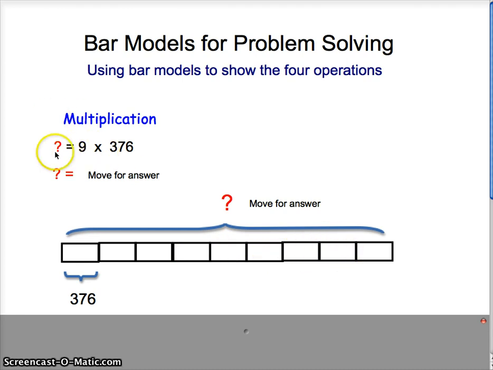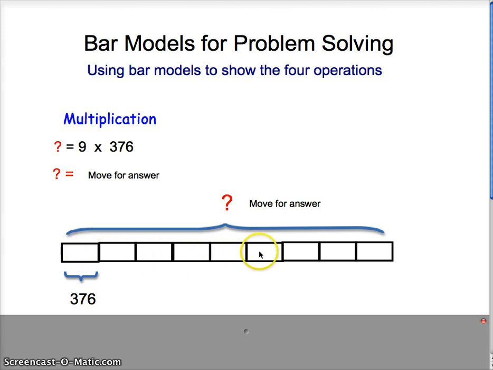Of course, 9 times. Since it's telling us that we need 9 of these 376s, we're going to go ahead and put those together like this. So can you see how to solve this problem? Obviously, it would be 9 times 376, or you could add 376 9 times.